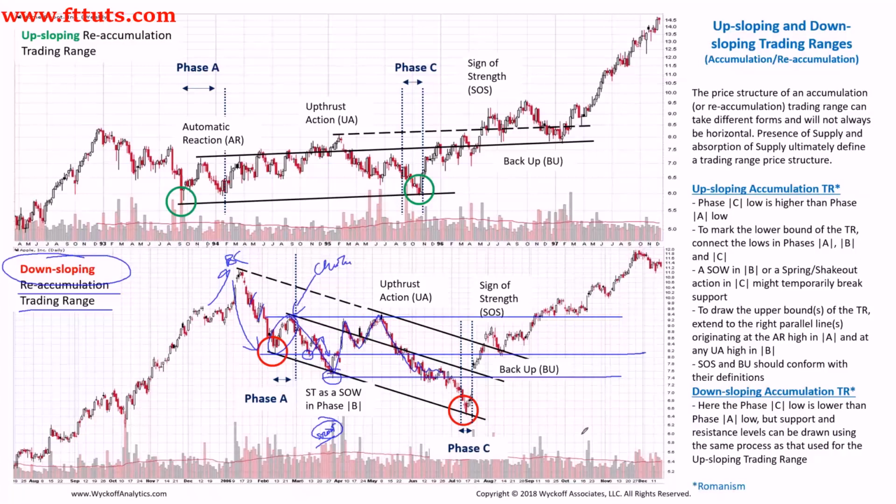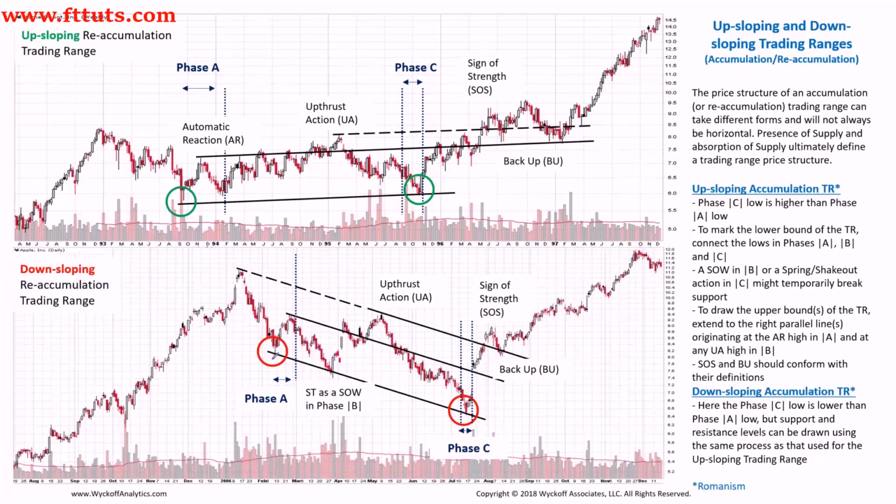We still would be thinking horizontal structure. But at the same time, we would be maybe thinking we have lower highs, we have lower lows. This is the scenario where in this type of trading range, with the lower highs, lower lows, we might be considering a downsloping structure. So we would define the lows, 1, 2, and then have this downsloping line, and then we could use significant Wyckoff points to define next lines that we need to use, right?